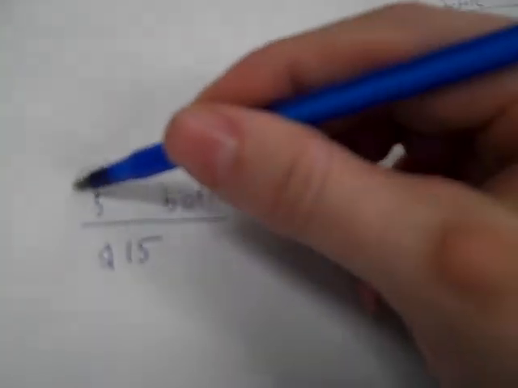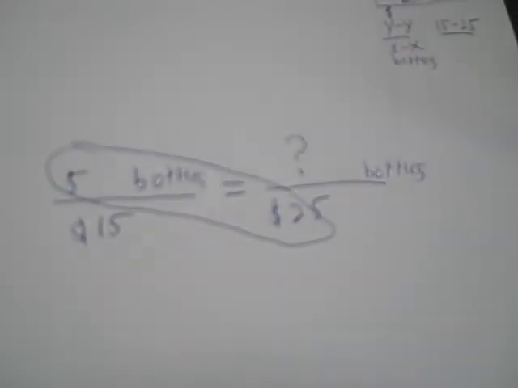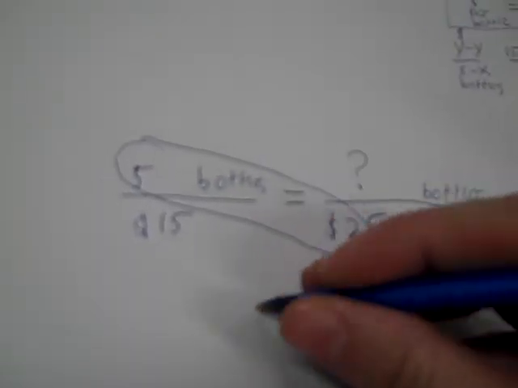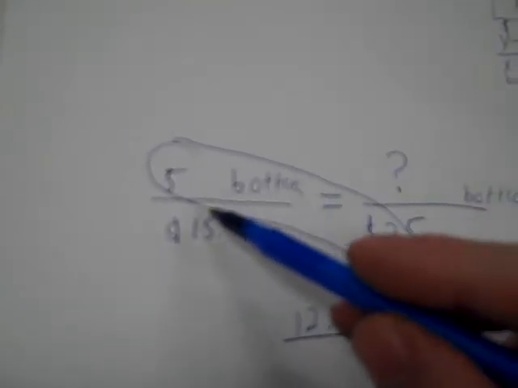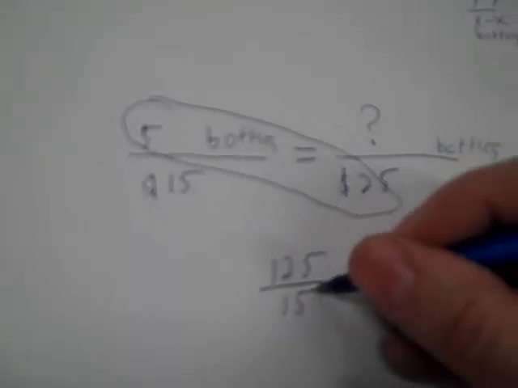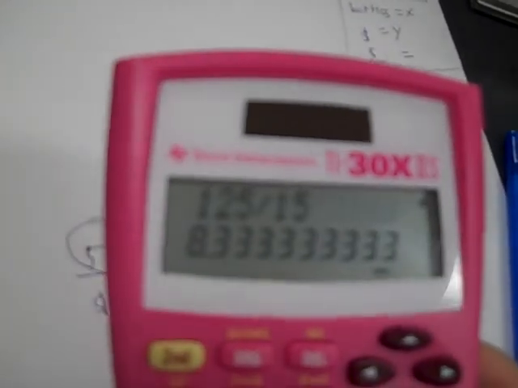And then I cross multiply the two diagonal numbers that I know. That's 125. And then I divide by the number diagonal from the question mark, which is 15. So 125 divided by 15 is about 8. So I put 8 bottles.